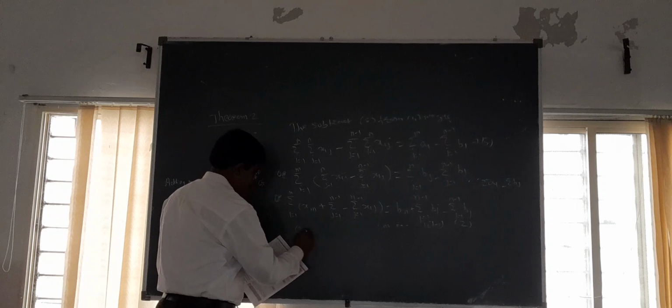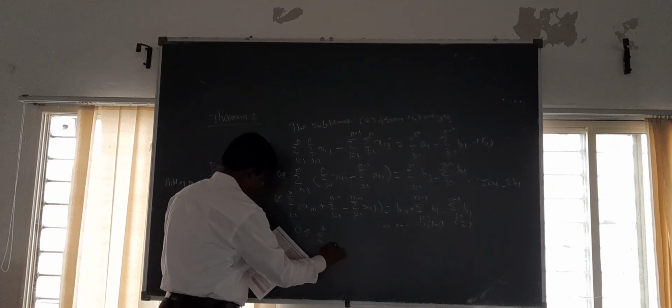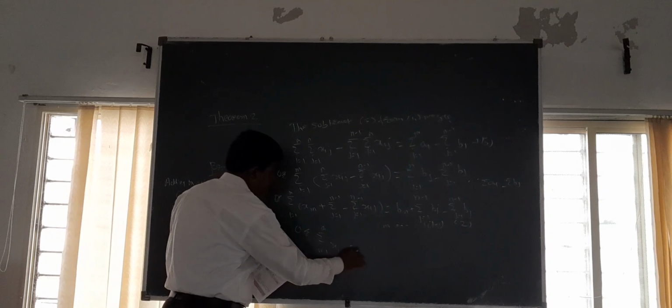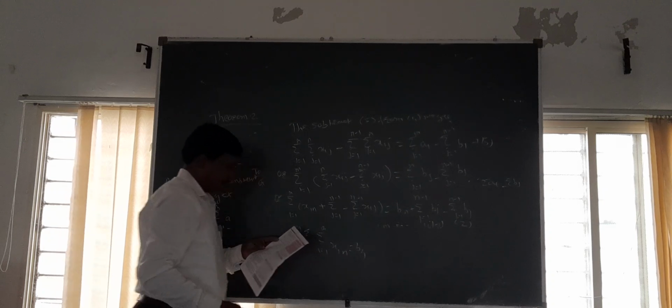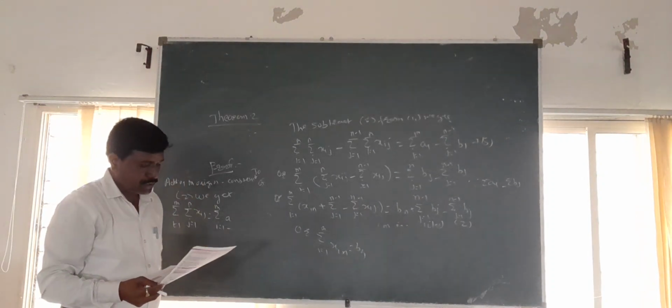Or summation i equal to 1 over m x i n equal to b n, which is exactly the last n-th destination constraint.